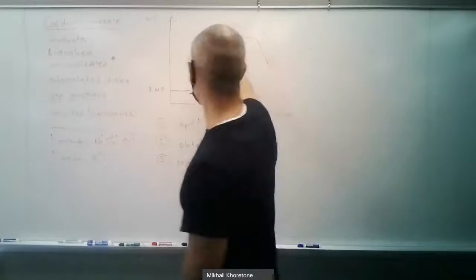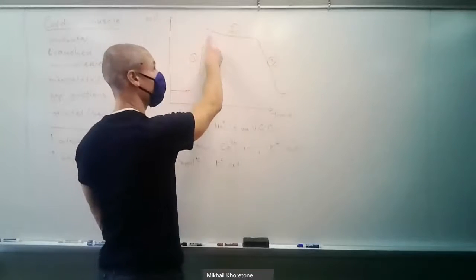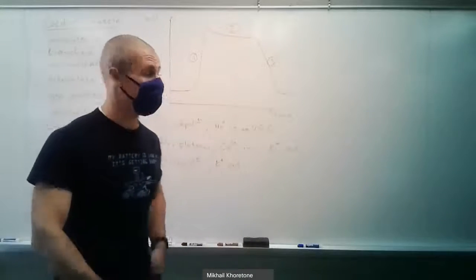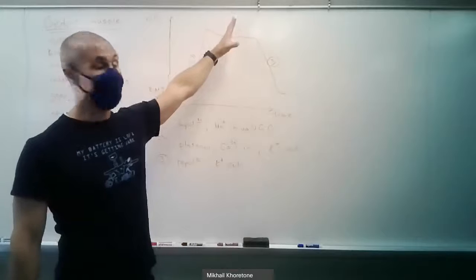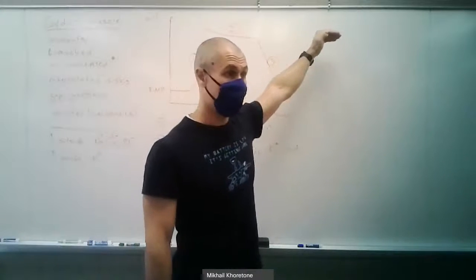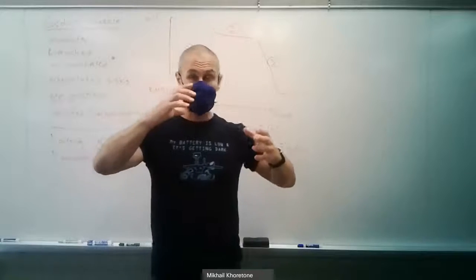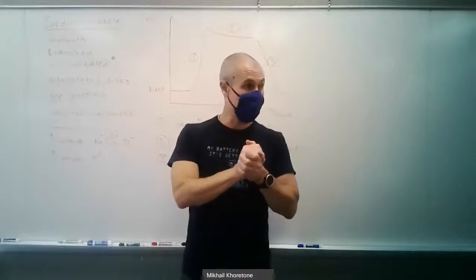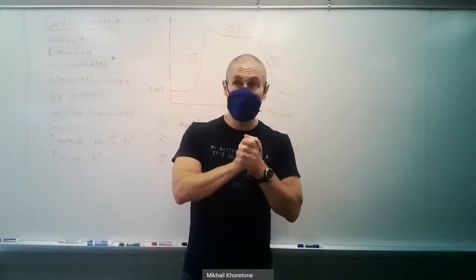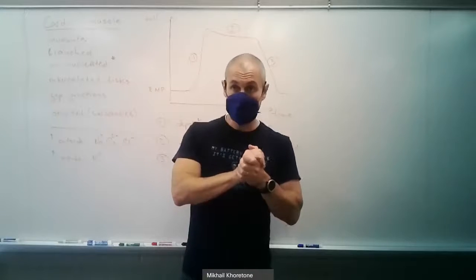Now imagine they close here, you have a contraction, and suddenly another stimulus arrives. Sodium channels open again, and you just keep maintaining that contraction, which means that your heart will start squeezing and will never relax. It will go basically into tetanic contraction, which is not good. Does that make sense?